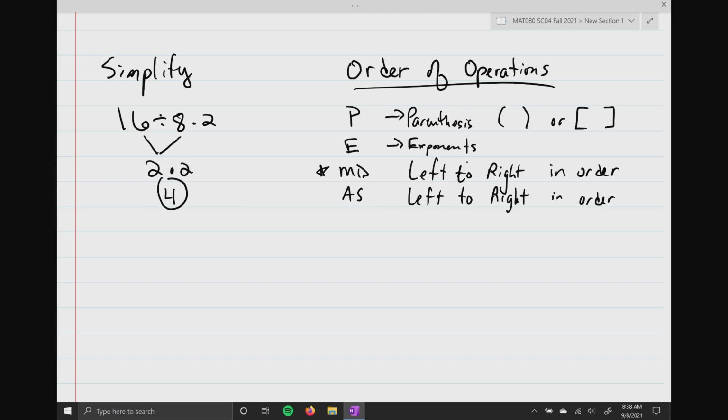If you looked at me and said, Professor Float, I don't know where to start, the first thing I would ask you is, are we simplifying or are we solving? If you say, well, the directions say simplify, then I would say order of operations. Does that make sense? All right. So let's do some examples here.